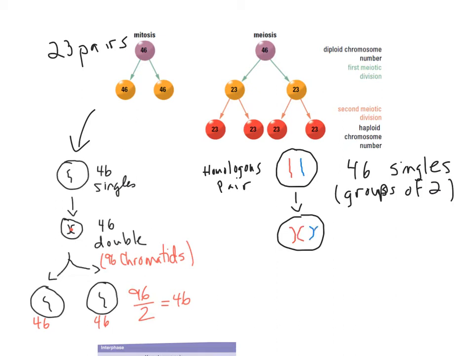So that now instead, well, let me do my chromosome count. I still have 46 chromosomes in total, but I have 46 doubles instead. Right? So I also have, in this case, 96 chromatids. Let's keep count of that too.